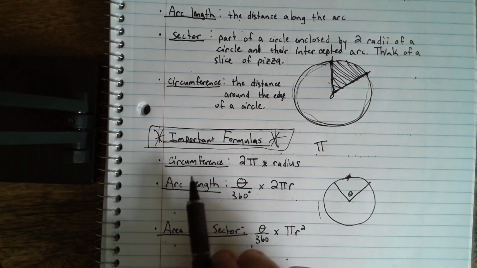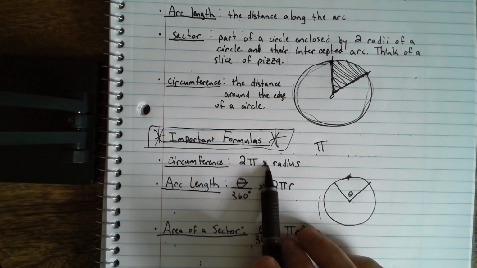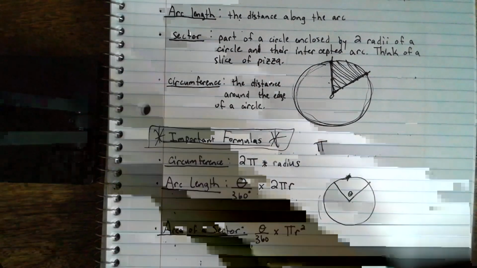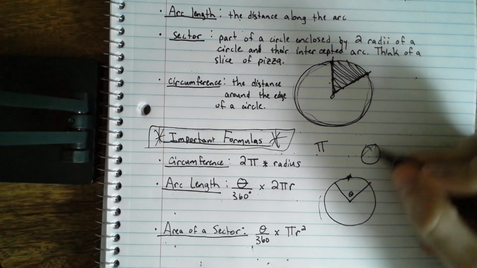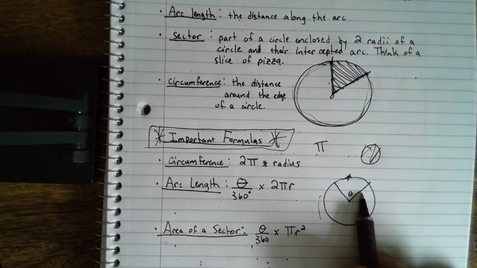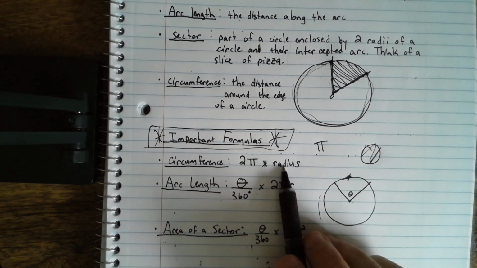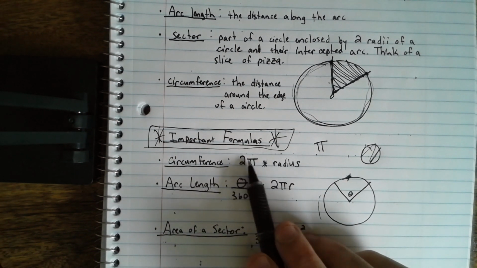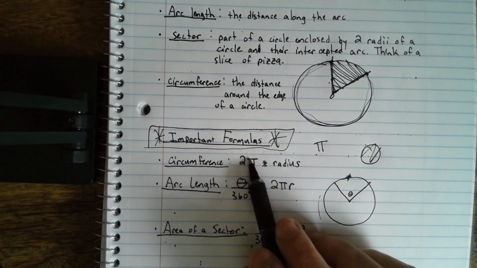So to calculate the circumference of the circle, it's going to be 2 pi times the radius. So if you got a circle here, if this radius was 4 inches, the circumference would be 2 pi times 4 inches. 2 times 4 is 8 pi.